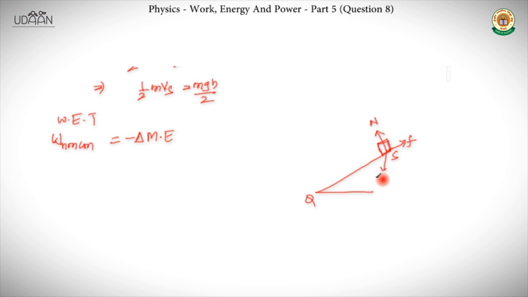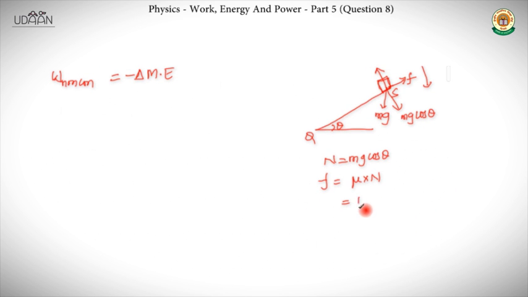We know the gravitational force is in this direction. As we know, this angle is theta, so this component will be equal to mg cos theta. There are no other external forces acting on the body, so N will be equal to mg cos theta. As we know, frictional force is equal to mu into the normal reaction acting on the body. This will be equal to mu mg cos theta.